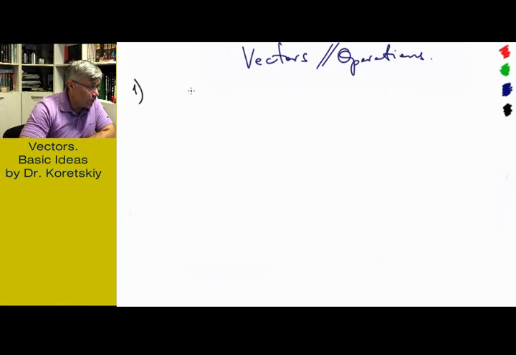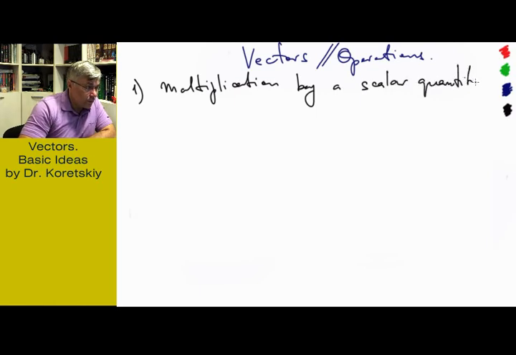The first operation is multiplication by a scalar quantity. A is a given vector.